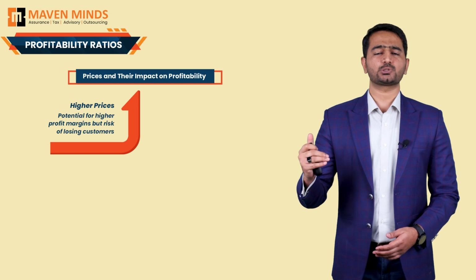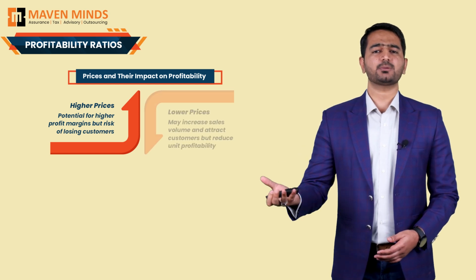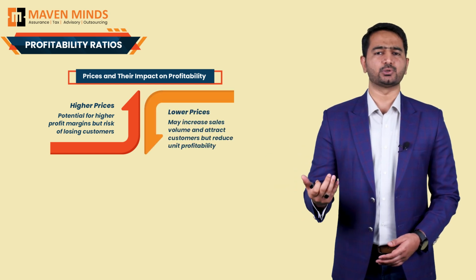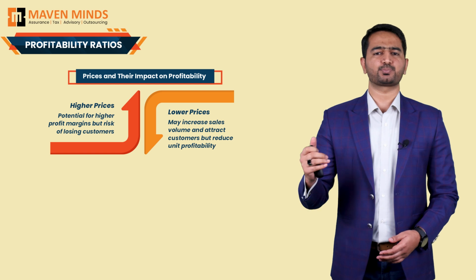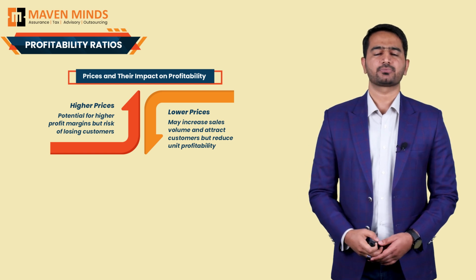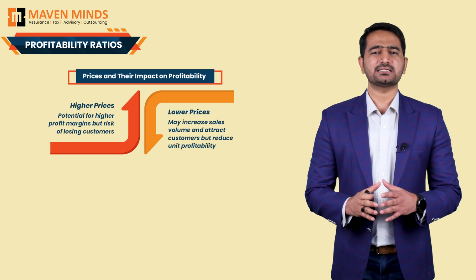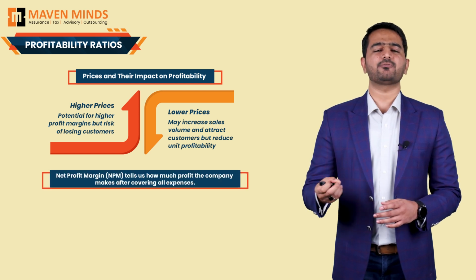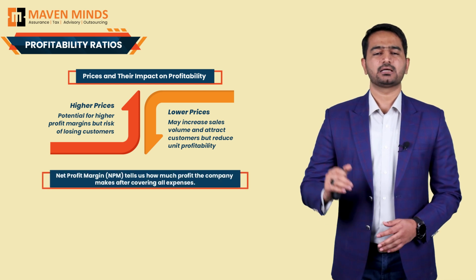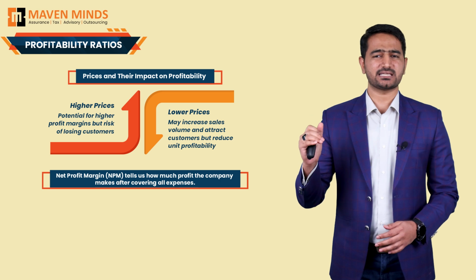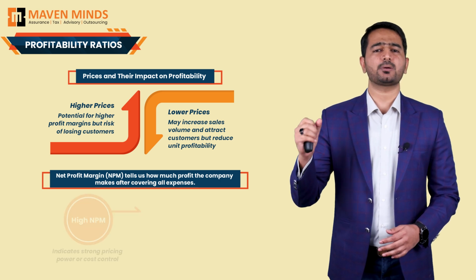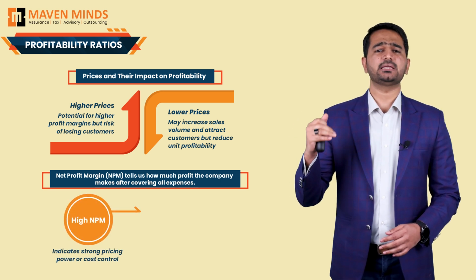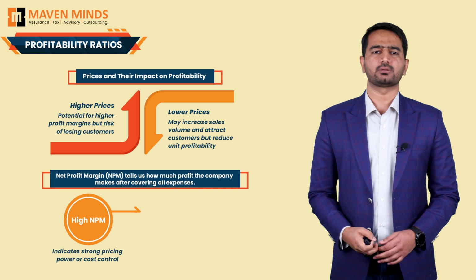And if a company sets lower prices, it may attract more customers and increase sales volume, but this might reduce profitability per unit sold. Now, net profit margin tells us how much profit the company makes after covering all the expenses. A high net profit margin suggests that the company has strong pricing power or the company has kept cost under control.